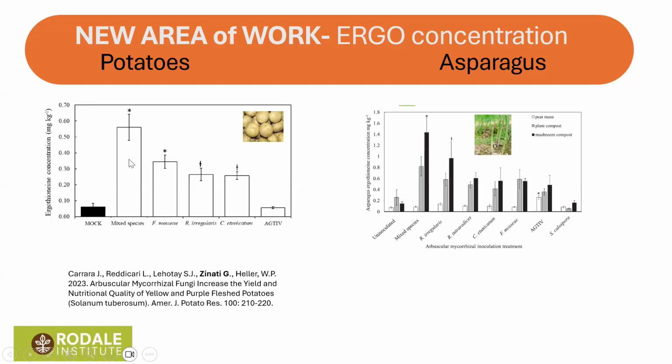So in the case of asparagus, it was a little bit greater. But if we push more with mushroom compost, that ergothioneine was much higher and pretty significant when we compare it to the other ones.